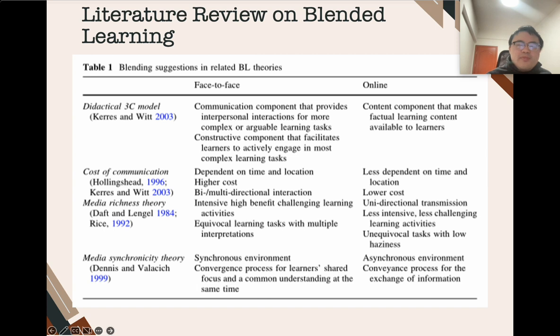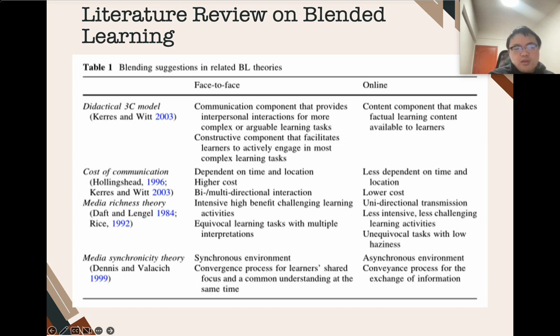So just very briefly, I will show you the literature review for blended learning. Much of the literature review shows the 3C model. The 3C model has three components: the communication component, the constructive component, and the content component. Content needs to be available to learners.